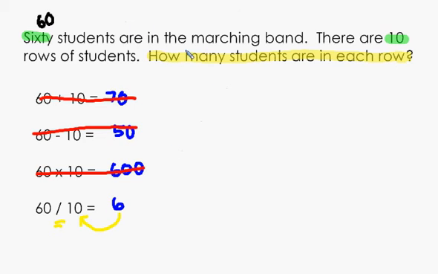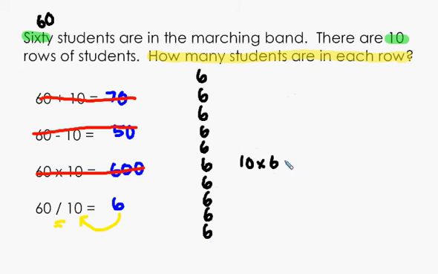There are 10 rows of students and there are 6 students in each row. So that means that there are 1, 2, 3, 4, 5, 6, 7, 8, 9, 10. That's 10 groups of 6 because there are 6 in every one of those 10 rows.